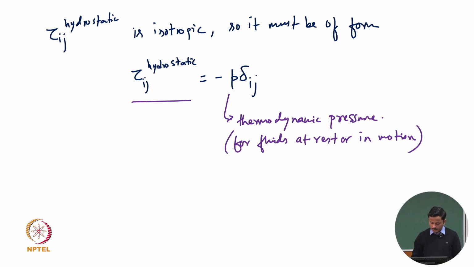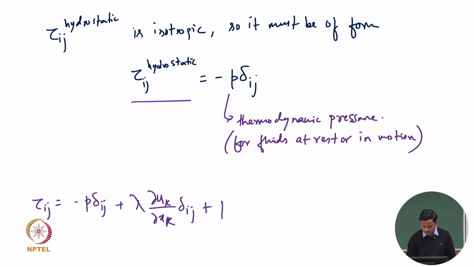Negative sign is because the pressure is by definition compressive, and by convention tensile forces are taken to be regarded to be positive. So we have tau ij is minus P delta ij plus lambda del uk del xk delta ij plus mu, del.